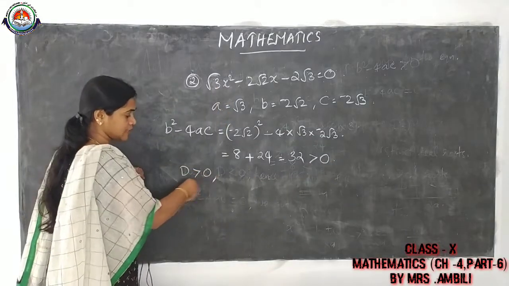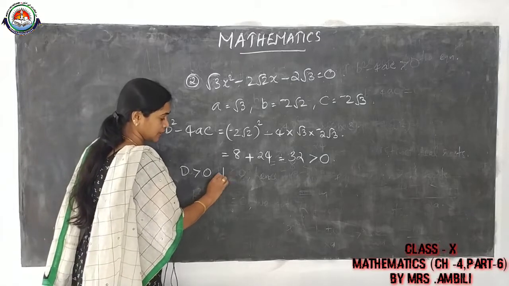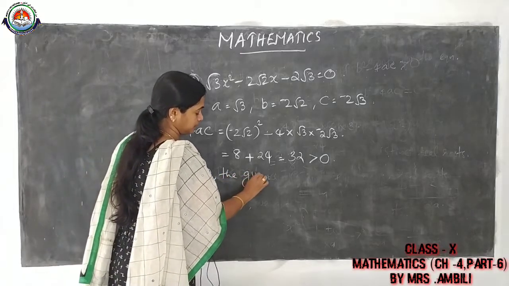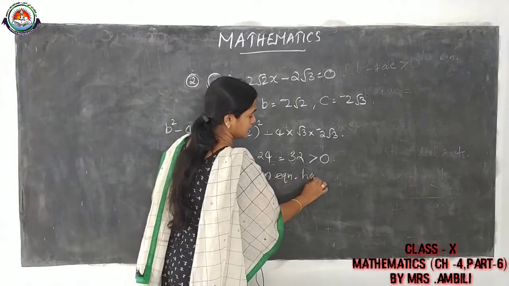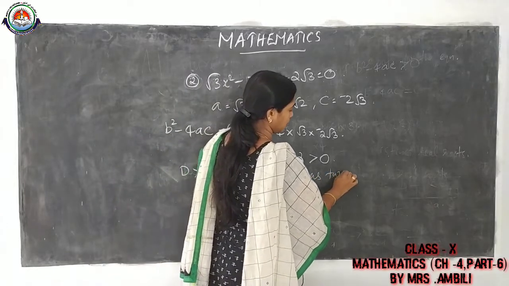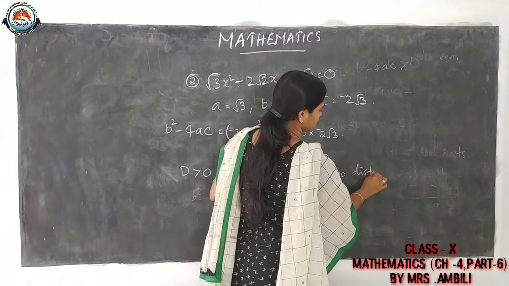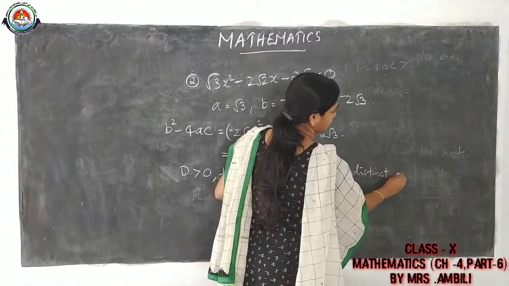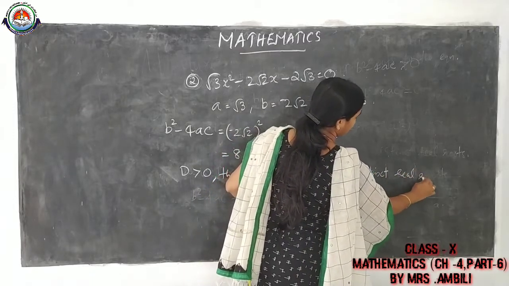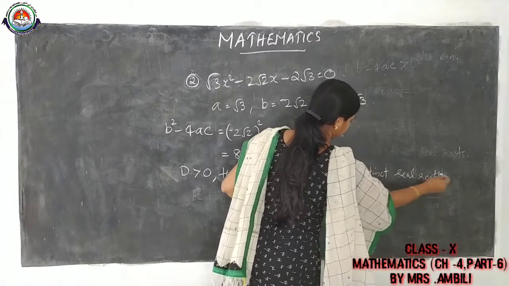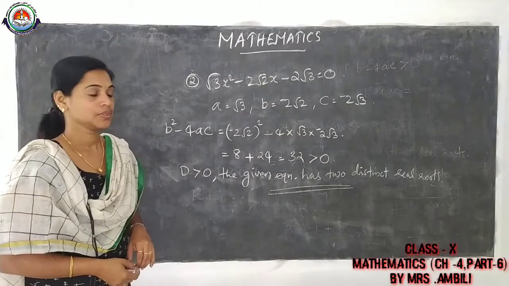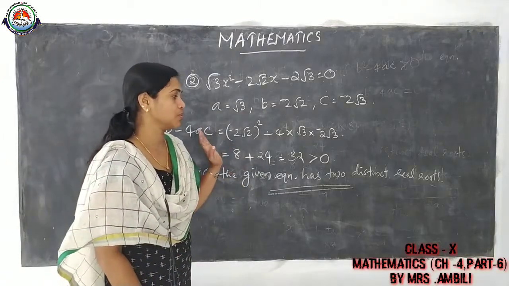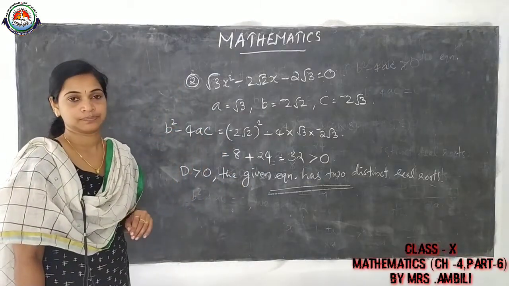D greater than 0, therefore the given equation has two distinct real roots.